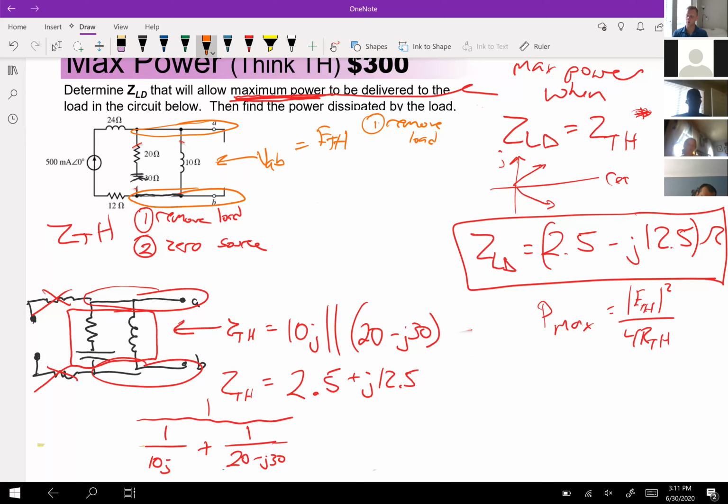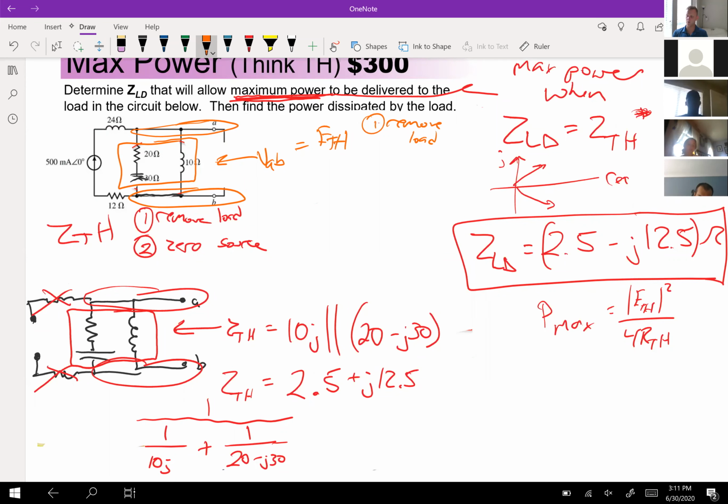This kind of goes to what I said earlier about series parallel. If I was to use a voltage divider rule or Ohm's law, I would need to make sure that what I'm talking about is between A and B. So this current, 500 milliamps, goes up, goes through the 24 ohm, and then it divides up. So I could find a current divider rule and then multiply that current by one of those.